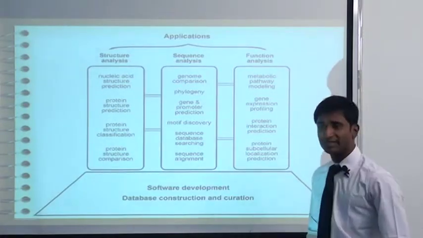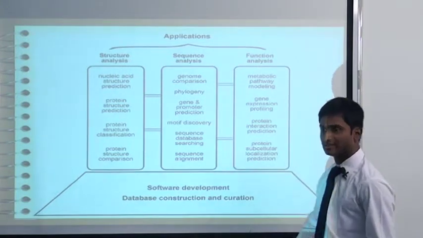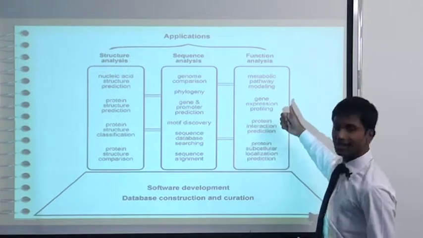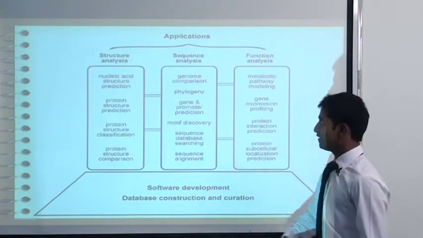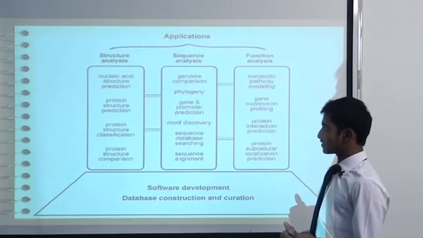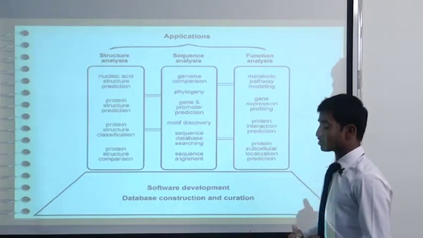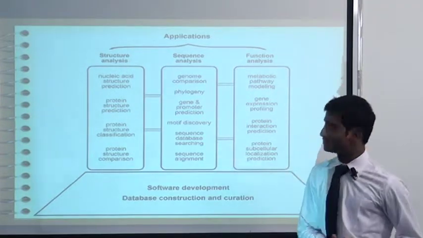And now the different types of applications: first of all structural analysis, then sequence analysis and functional analysis. In structural analysis we can do nucleic acid structure prediction, protein structure prediction, protein structure classification and also protein structure comparison.